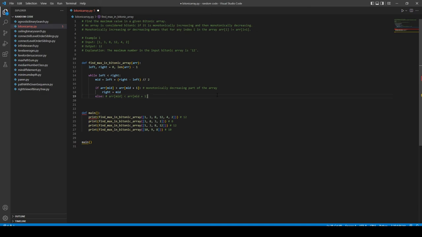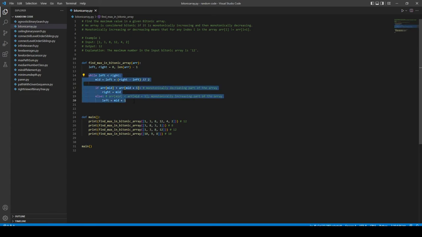So this would be the monotonically increasing part of the array. Here we can do left equals mid plus 1, because if the number we're currently looking at is not the greatest value, since the one to the right is greater, we can do mid plus 1.